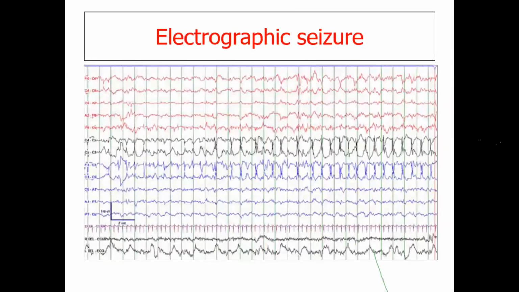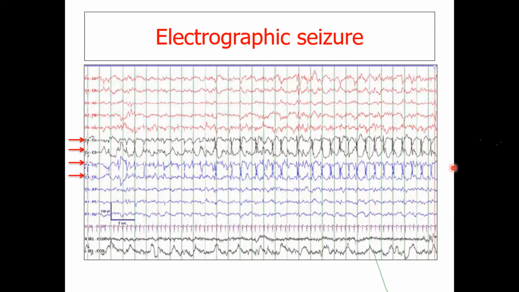However, when do we talk about a seizure? This is a snapshot of an electrographic seizure. Just focus on the tracings where the arrows have been pointed. There is some activity which is building up towards the left, and then it is evolving. They are becoming high amplitude, and it is initially probably starting at C3, this area, and then it is evolving to all these areas.